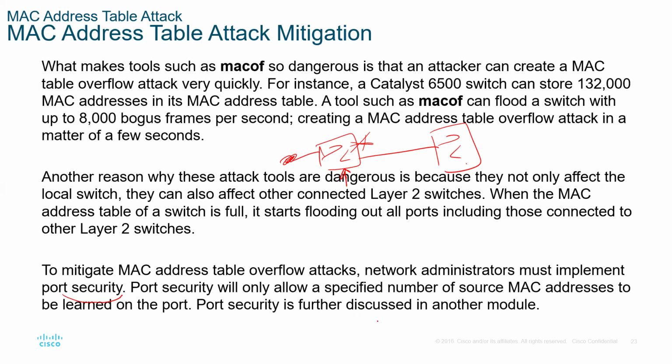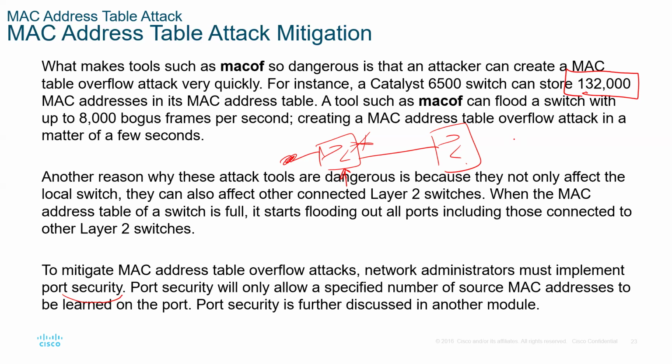So instead of a given port learning probably part of this 132,000, you realize with port security we can configure it so that it learns only two source MAC addresses. Once it has learned those two, it doesn't take anything more.